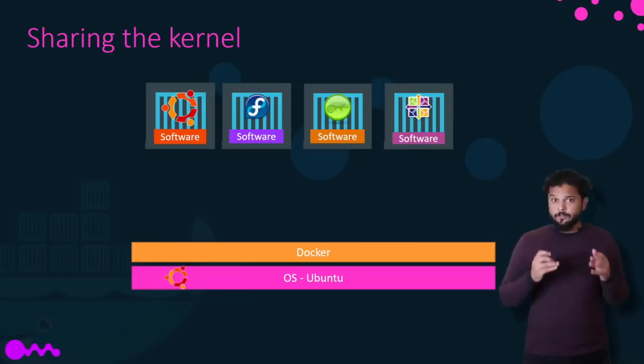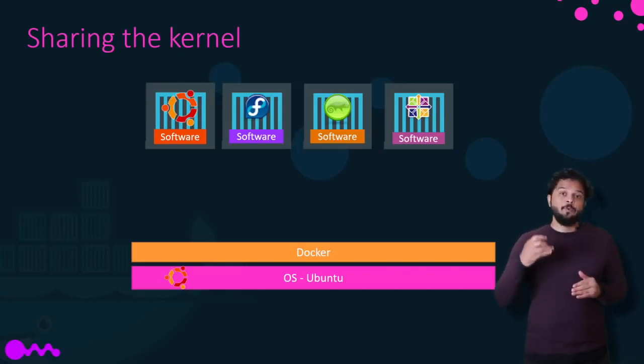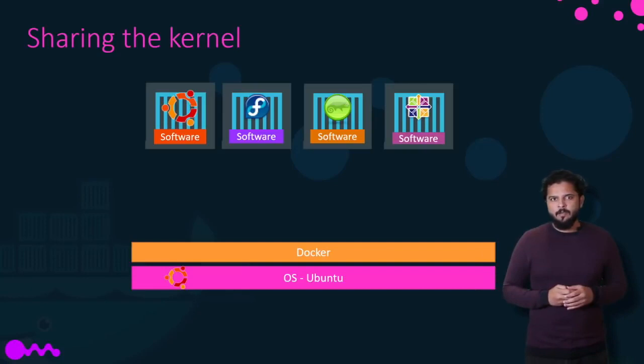Well, when you install Docker on Windows and run a Linux container on Windows, you're not really running a Linux container on Windows. Windows runs a Linux container on a Linux virtual machine under the hood. So it's really a Linux container on a Linux virtual machine on Windows. We discuss more about this on Docker on Windows or Mac later during this course.